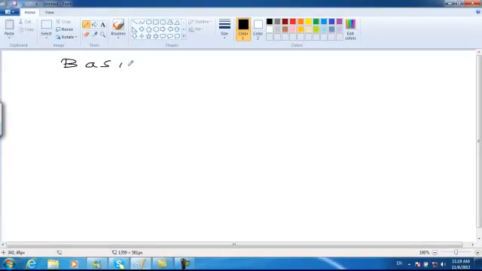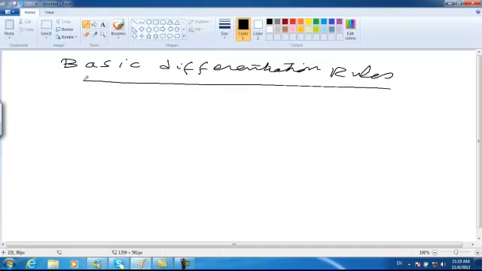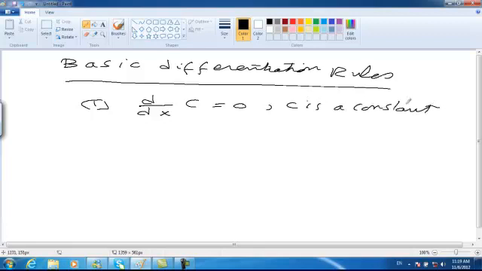Basic differentiation rules. 1. d by dx of a constant c equals 0, where c is a constant. 2.